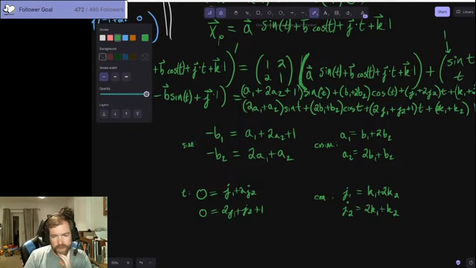Alright, so we know the values of J1 and J2 on the left, which then we'll be able to transfer over to the right and get the values for K1 and K2.